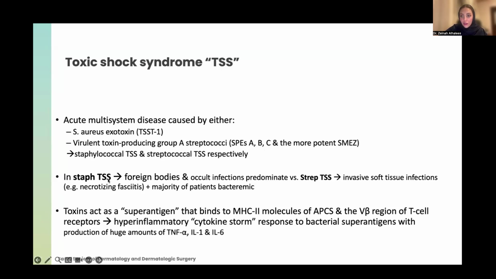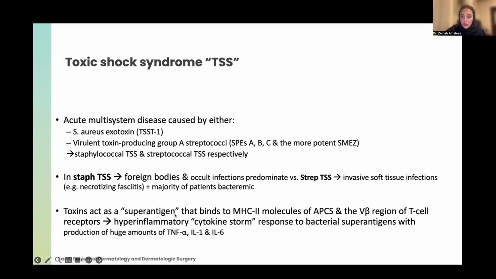How do you get your staph TSS? So often foreign bodies and occult infections predominate. However, with your strep TSS, it's usually invasive soft tissue infections that give you this toxin. So often necrotizing fasciitis. Plus, majority of patients are usually bacteremic with strep. So toxins, what happens?